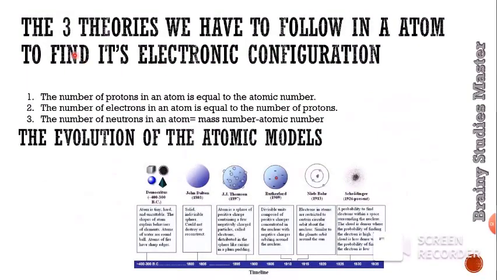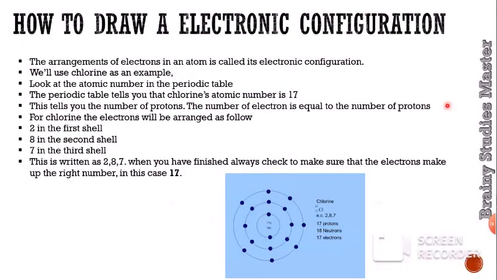There are theories we have to follow in an atom to find electronic configuration. You may think, what is an electronic configuration? Electronic configuration is like drawing only the electrons in there.